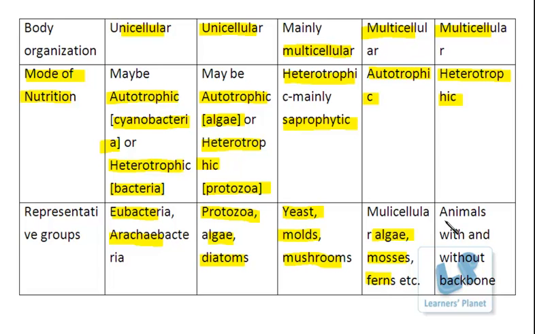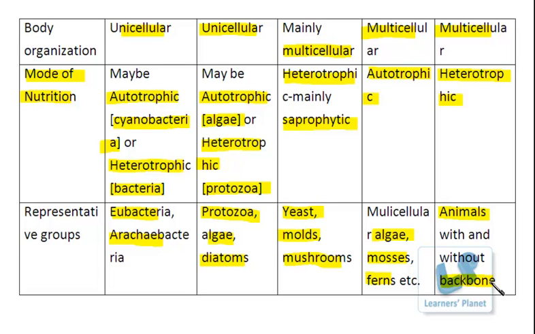Animals are subclassified on the basis of the presence of the backbone: chordates and non-chordates, or in simple terms, vertebrates and invertebrates. They are all representatives of kingdom Animalia.